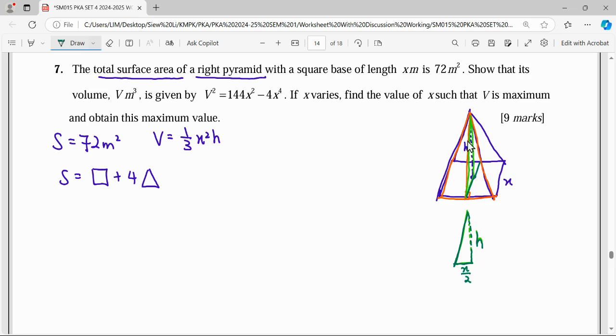So this one we call the hypotenuse, or I put Y. I don't put H, I put Y. I put Y to represent this triangle. Okay?